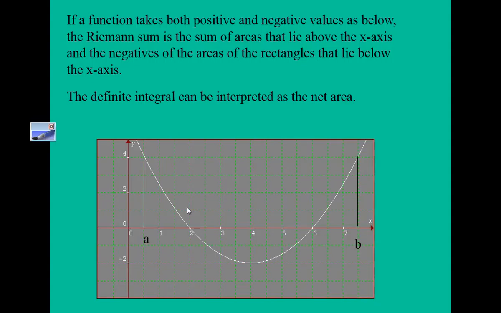And then again above the x-axis from 6 to b. So here, in this case, we would define this as being the net area because we would add the positive areas and then subtract off the negative area. So that would give us the net area.